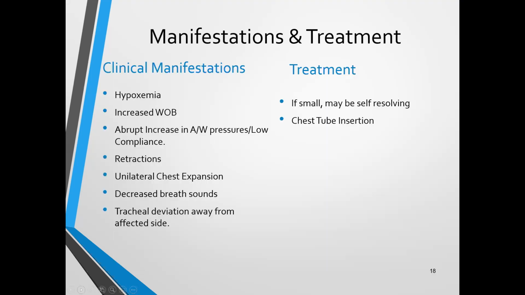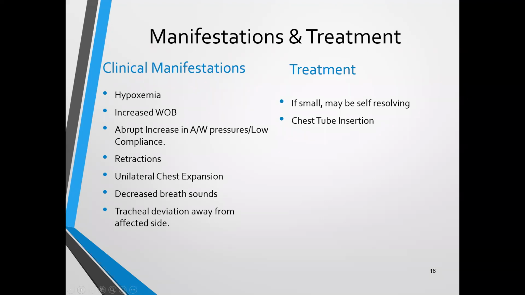So manifestations and treatment. I don't mean to say that the manifestations for a pneumo are similar to IRDS, but some of them are: hypoxemia, increased work of breathing. The third one is really significant. IRDS doesn't develop in 5 minutes or 10 minutes or a half an hour. It develops over hours and days.